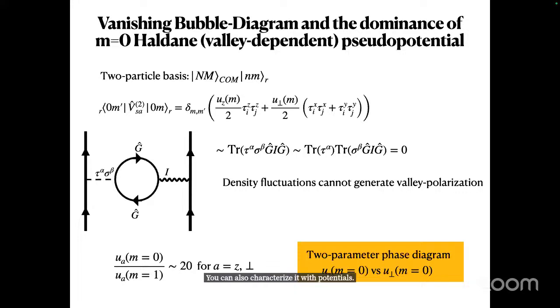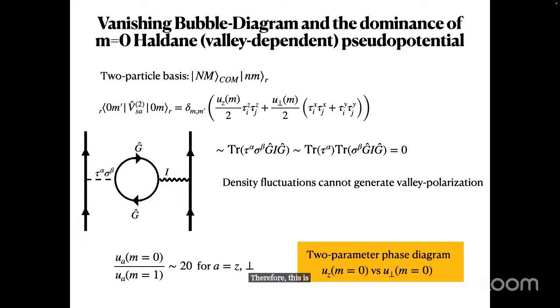Okay, and this diagram turns out to vanish. This diagram vanished because the propagator, this bubble in the middle, is independent of valley. The G is independent of valley, but this is valley dependent interactions. Therefore, this is 0.